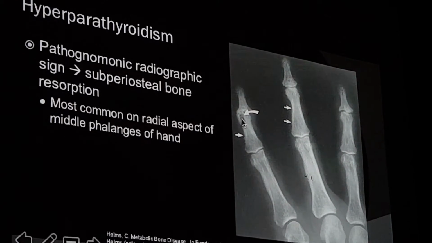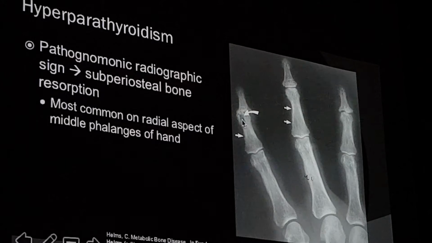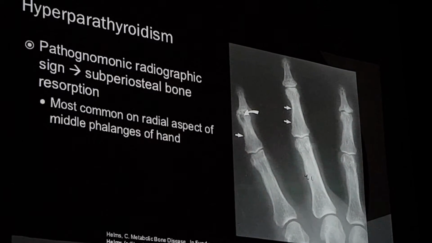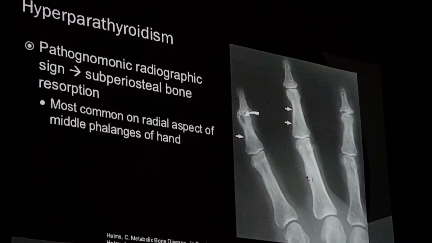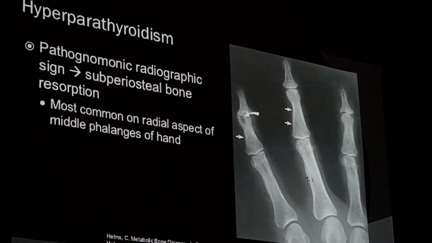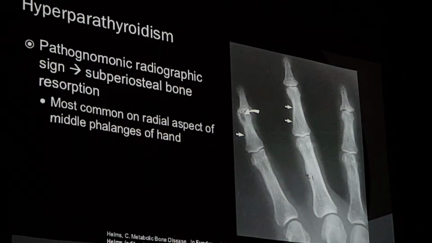So take note that with regards to, let's say, arthritis, I've been giving the hallmarks for each particular disease. Like the degenerative hallmark is narrowing, whereas for rheumatoid arthritis it is periarticular osteoporosis, for gout it is erosions, and for hyperparathyroidism it's periosteal bone resorption.